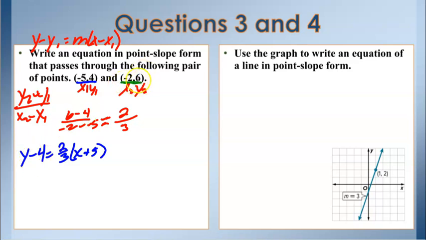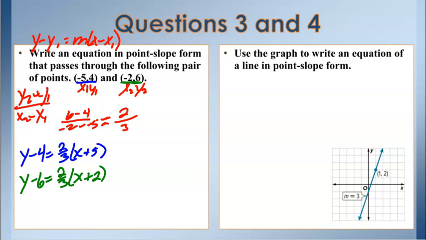If you use the other point, then you would have y minus 6 equals 2/3 times x, and when you're subtracting a negative 2, you're really adding 2. So those are the two possible answers you could have to write the equation in point-slope form that crosses through those 2 points.